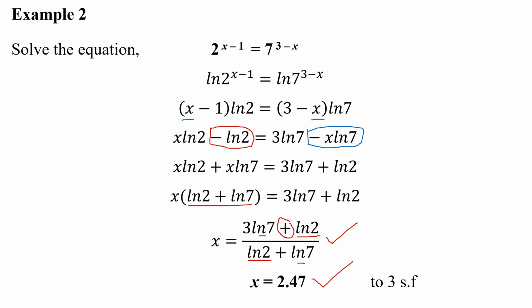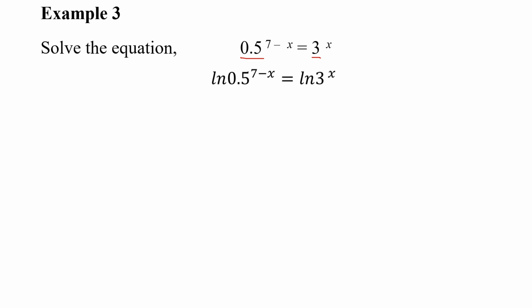Right, let's move on to our third example. Solve the equation. As usual, we can't express this 0.5 and 3 in terms of a common base, so we are going to apply the natural logarithms like this, and we are now applying the laws of logarithms to drop the powers there and make them the coefficients like this.